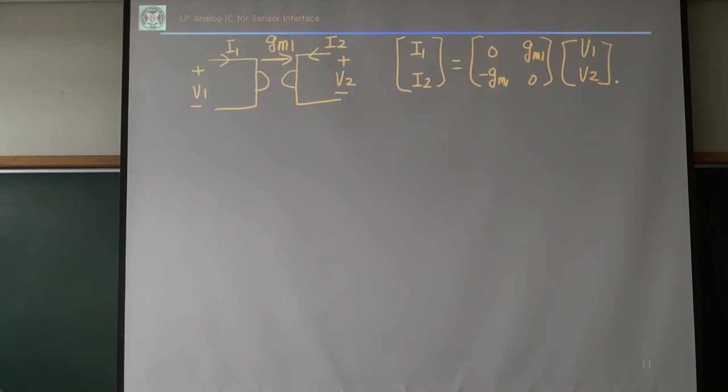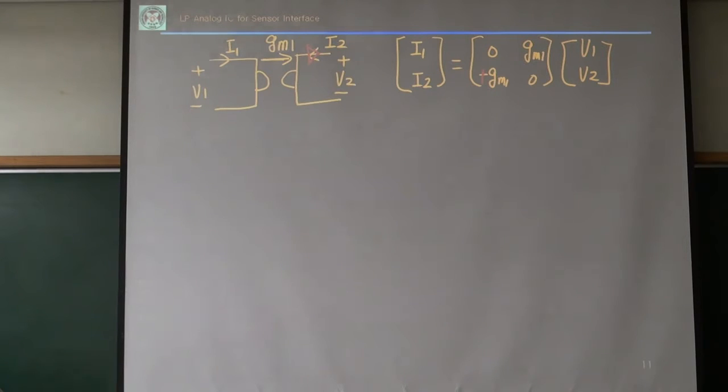Is this correct? I1 equals GM1 V2. Yeah, I think that's good. I2 equals minus GM1 V1. Okay, I think this is correct. So if I change this polarity of I2 in this way, this should be positive, right? Because I changed the I2 by minus I2, okay?